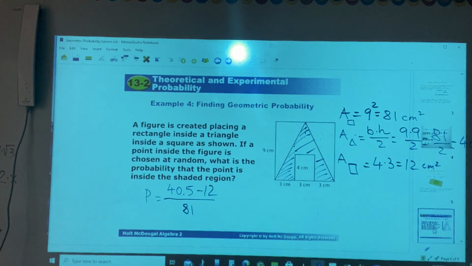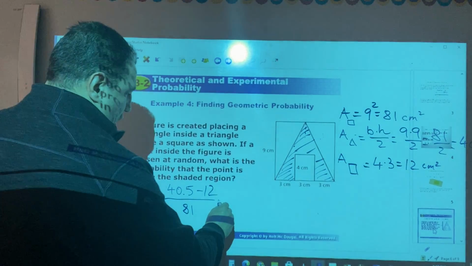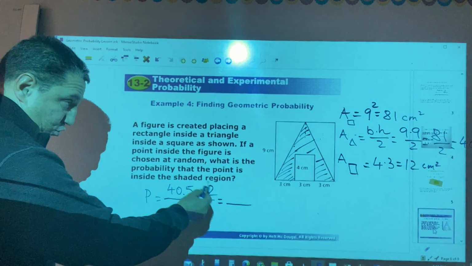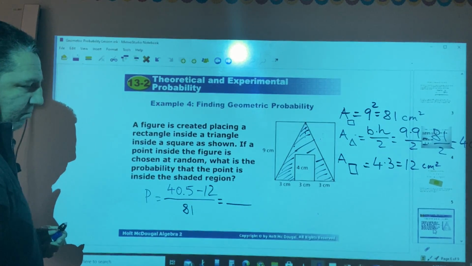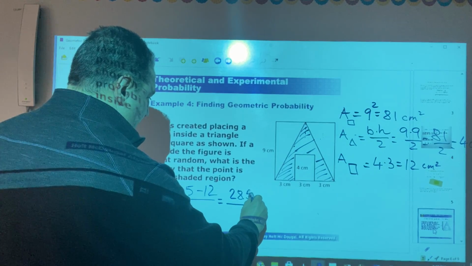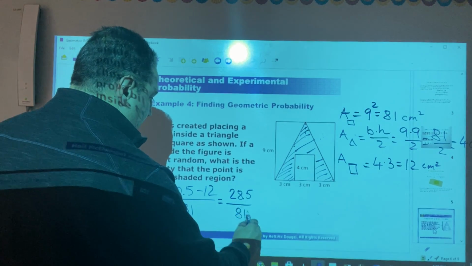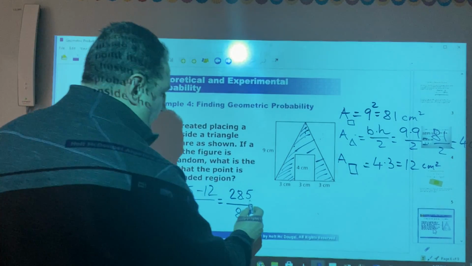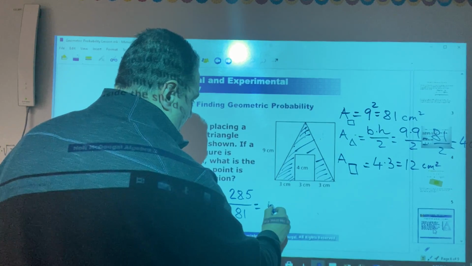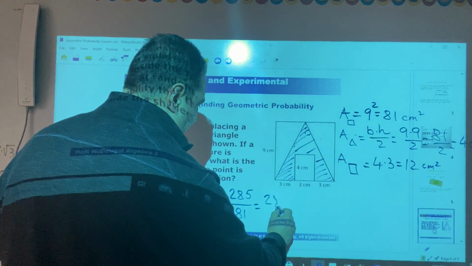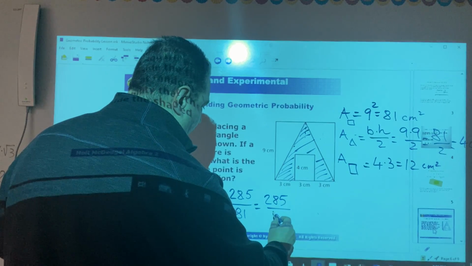Right? So on top, if you subtract these numbers, you're going to have 28.5 over 81. Yes? Now, how do we simplify? We multiply by 10 both the numerator and denominator, and you're going to have 285 over 810.